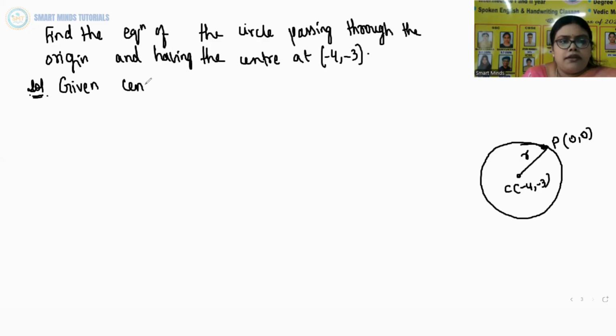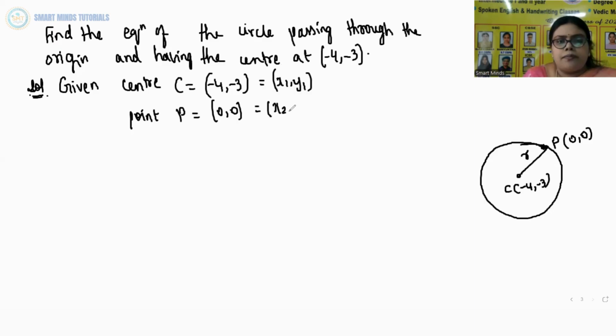Given center C is equal to (-4, -3). Point P is equal to (0, 0). Okay, let's take center as x1, y1 and point as x2, y2. Anyhow, you can take center as x1, y1 or x2, y2, or point as x1, y1 or x2, y2. Answer will be the same.